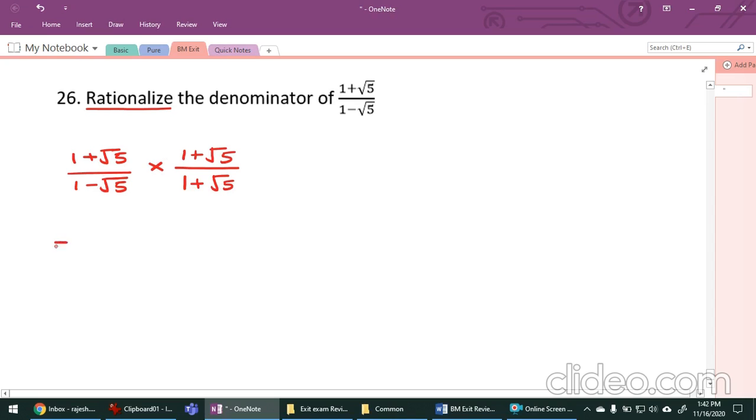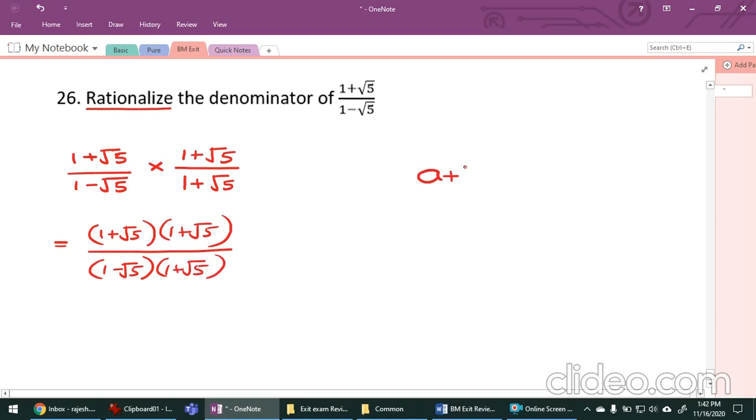Now look here. On top what you have? 1 plus root 5 into 1 plus root 5. Down what you have? 1 minus root 5 into 1 plus root 5. Now you have a rule. A plus B into A minus B is A square minus B square.